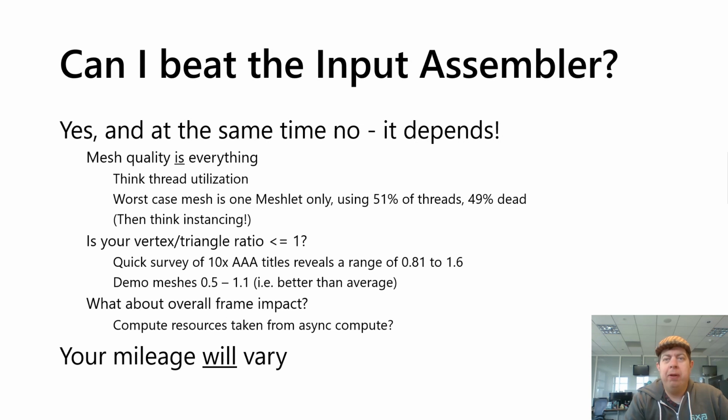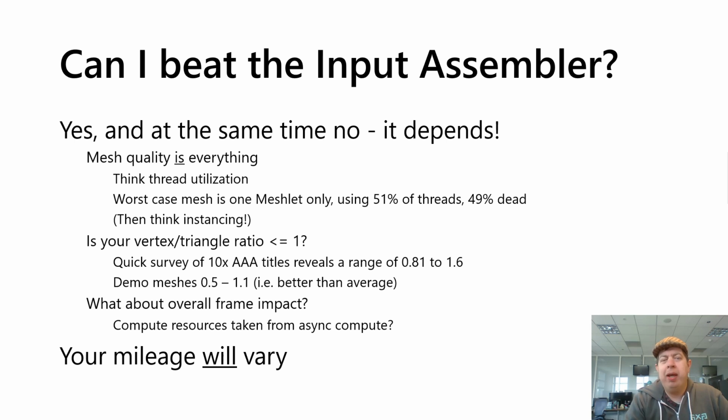So could I beat the input assembler with a straightforward mesh shader? The answer is yes and no, and it depends very much on mesh quality. For the most part, the most important factor is thread utilization. How many dead threads am I carrying around to render this thing? How many times have I got threads turned off in a vertex phase or a triangle phase?